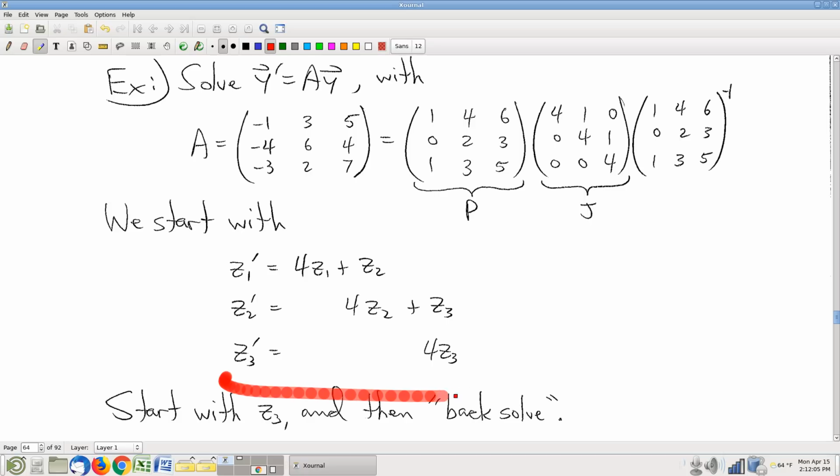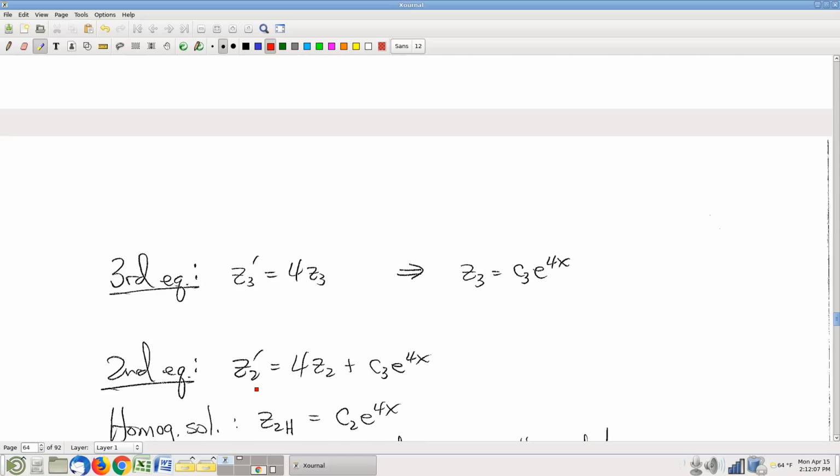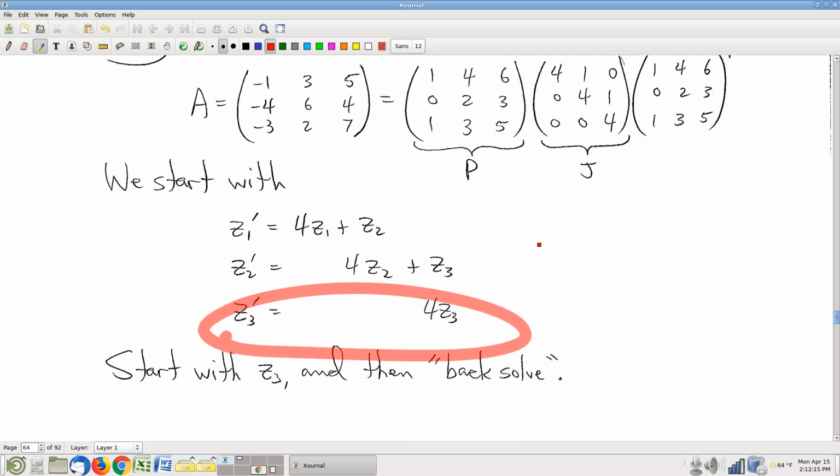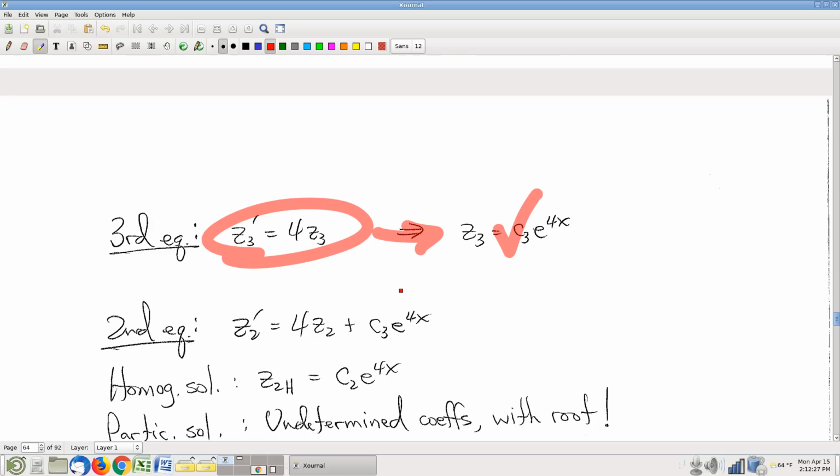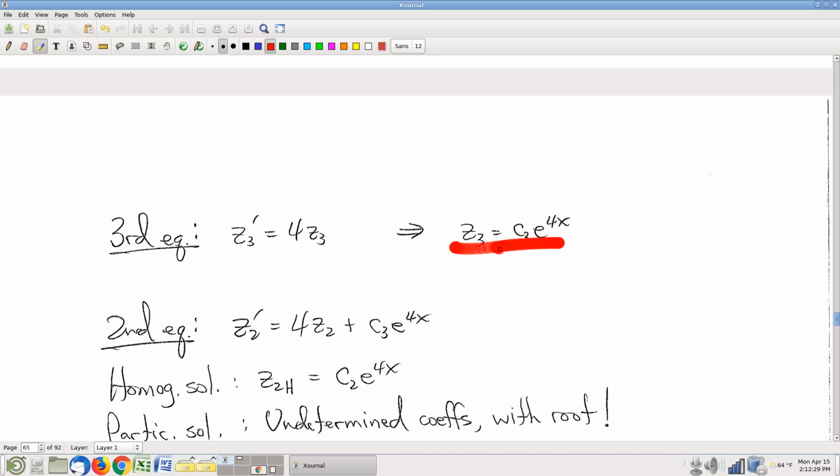Okay, let's start with our Z3 equation. Here it is. The Z3 equation is that natural growth. That one was easy, no problem. Okay. Don't forget, we're going to take our Z3 that we just solved for. We're going to plug into there. That becomes the G, if you will, right, in our second equation. The second equation then becomes this.